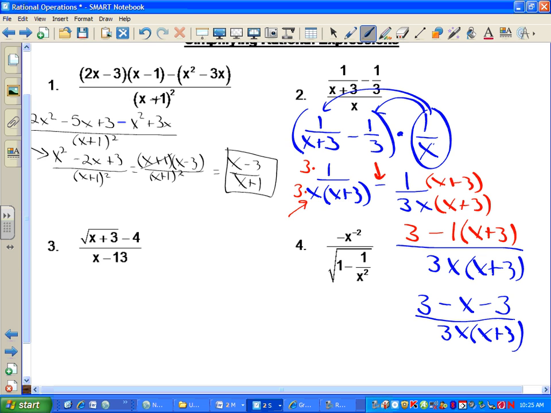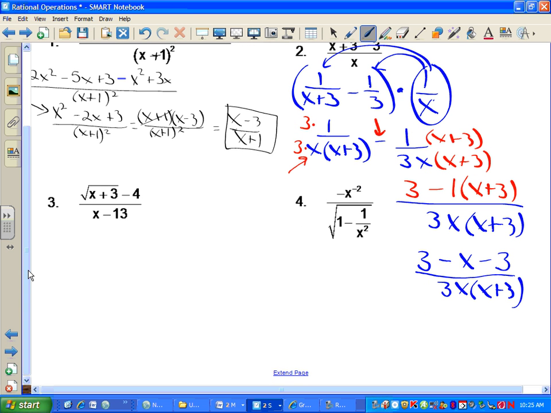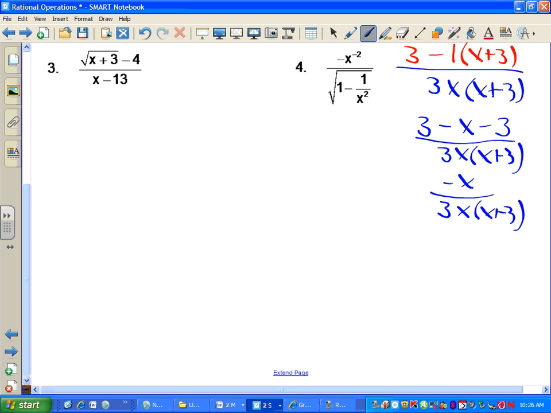From here, I think you can figure out that the 3 minus 3 cancels, so we end up with negative x over 3x, x plus 3. And the x's cancel. So we end up with a final answer of negative 1 over 3 times x plus 3.